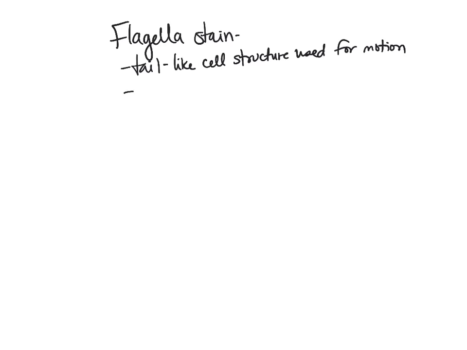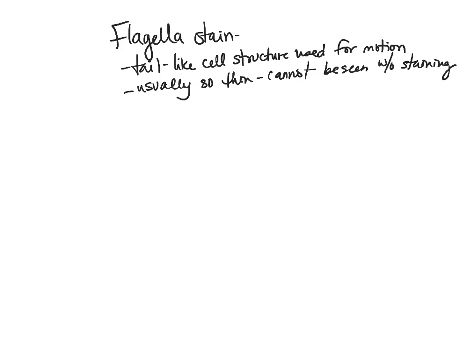So typically they're usually very, very thin, and there may only be one flagellum. If there are multiple, sometimes it can look a little hairy. But usually they're so thin that they cannot be seen without staining. So what we do for flagella staining, the first thing that we do is actually add a mordant.